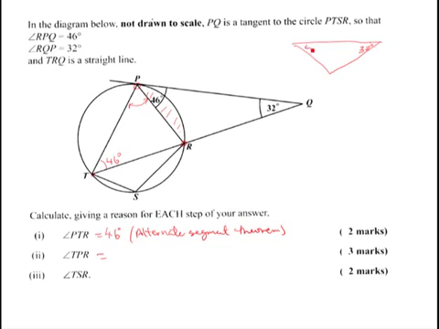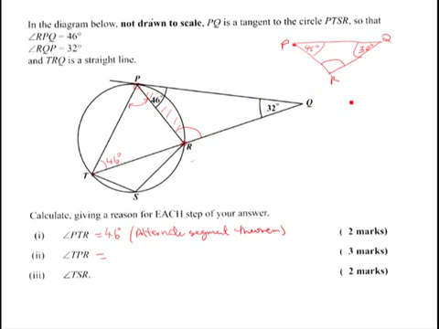This one is 46 degrees. This is P, that's Q, and this is R down here. I can find this angle in it. How do I find this angle? The angles in a triangle add up to 180 degrees, so I can find this angle down here. Follow me?